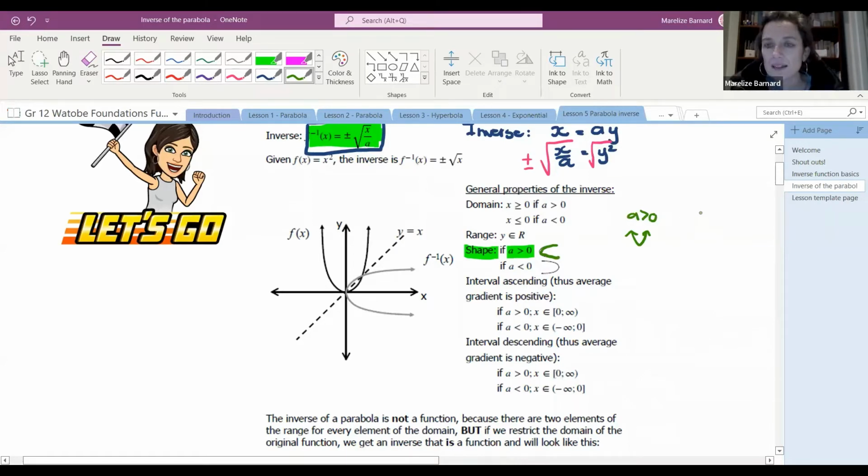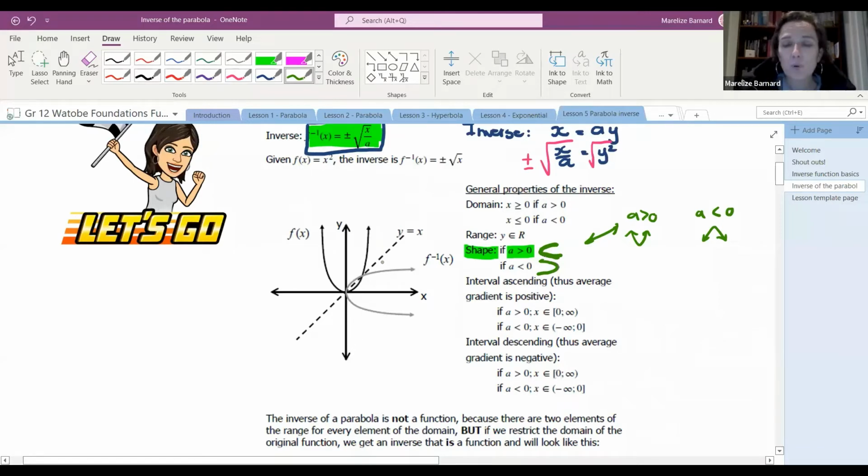And if a was smaller than 0, then it was the unhappy face parabola. So this relates to that. For the inverse, the shape is going to look like this if a is greater than 0, and if a is smaller than 0, it's going to go the other way. If you think about it, it's like the parabola sort of lying on its side for the inverse.